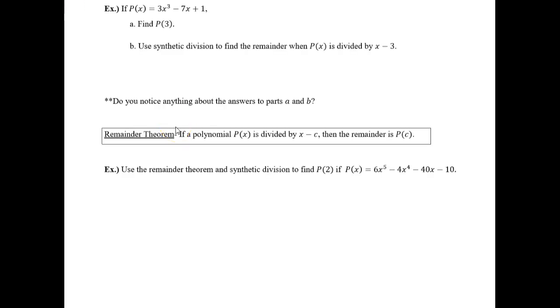Let's talk about this example. So we have p of 3. This means that we are plugging in 3 for x everywhere we see an x. We follow order of operations. I start with my exponent. 3 times 3 times 3 would be 27.